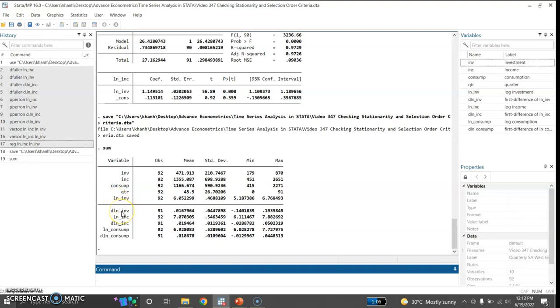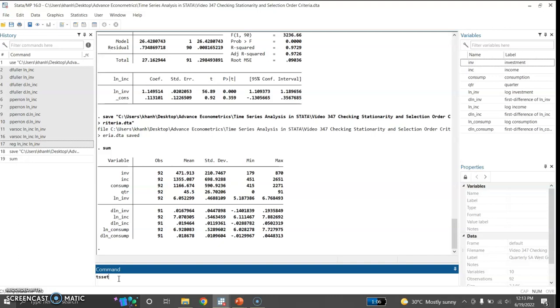This is a first difference of log of investment. This is log of income. This is first difference of log of income, and this is log of consumption, and finally this is first difference of log of consumption.